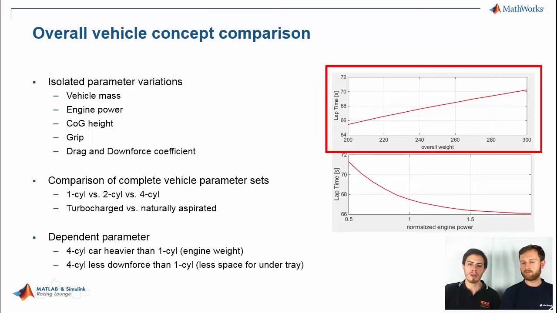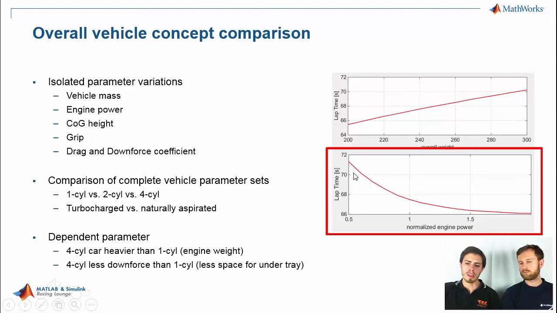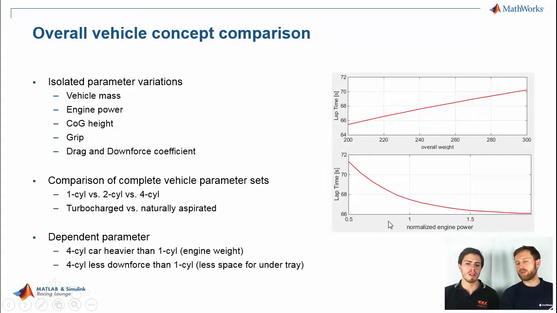So for example, in this plot we see that with a higher weight our lap time is worse, as we would expect. And in this plot we see the engine power. So with more power we get a lower lap time. Okay, and what we can see, not every relation is linear. And by doing that parameter variation, you can find, let's say, the optimum.